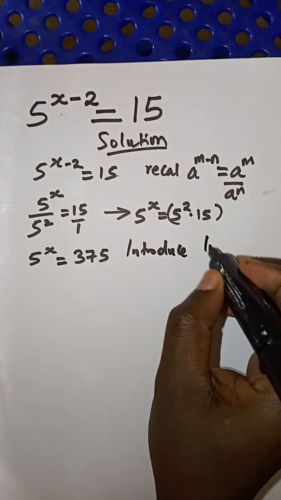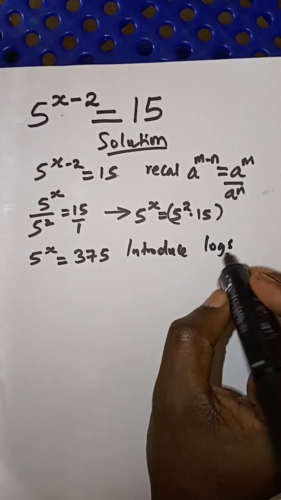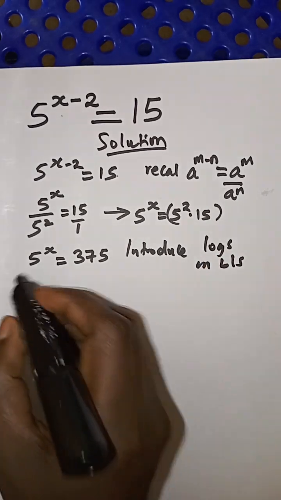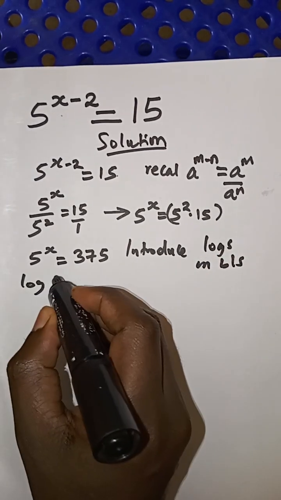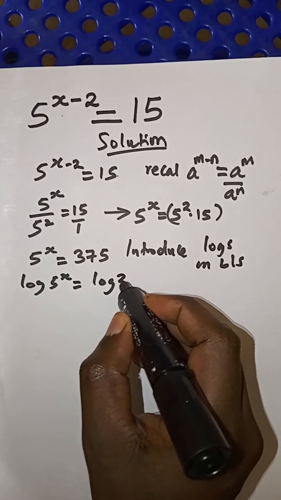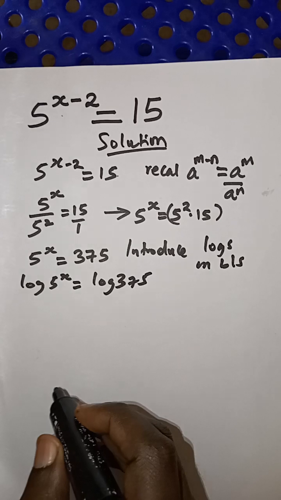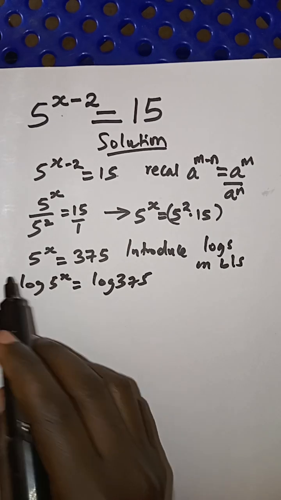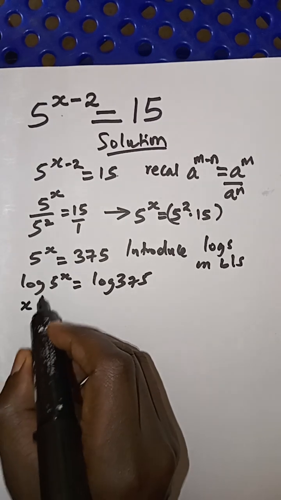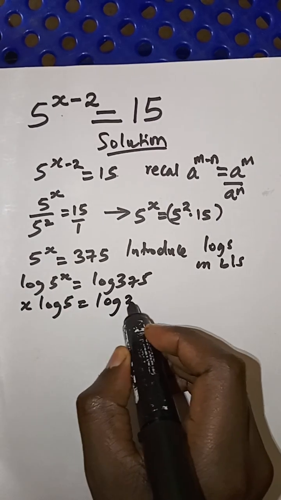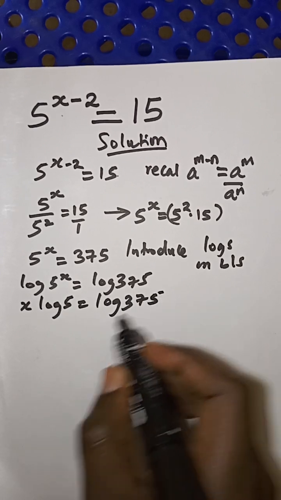So at this particular point, for me to remove the exponent x, I'm going to introduce logs on both sides of this equation, so that I have the log of 5 raised to x equals the log of 375. Then the x can come down as x times the log of 5 equals the log of 375.